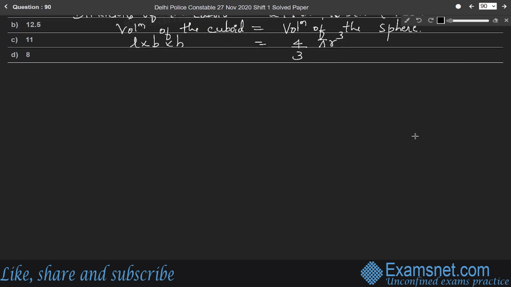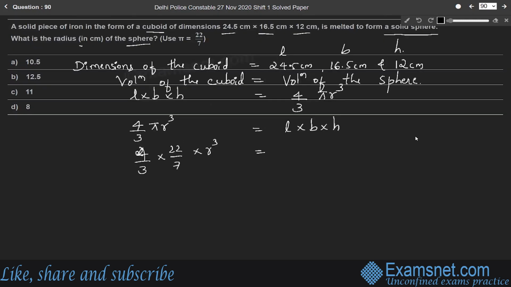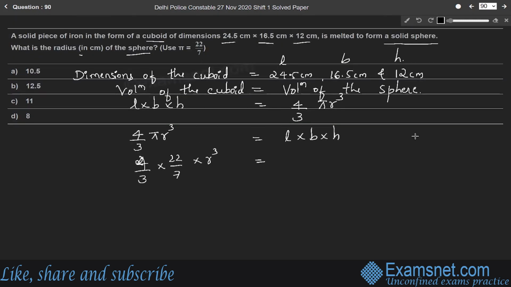In other words, 4 by 3 pi r cube is equal to length into breadth into height. So substitute the values: 4 by 3 into 22 by 7 into r cube is equal to 24.5 into 16.5 into 12 centimeter.